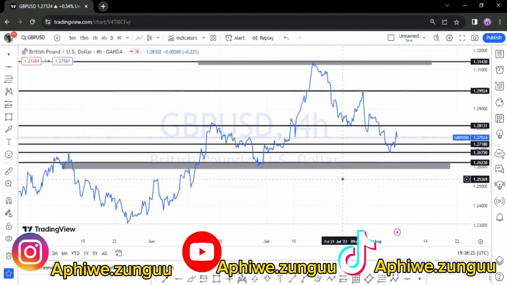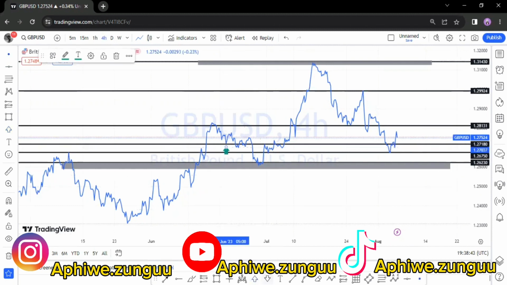Also bear in mind, guys, when we are marking out levels like this, we don't necessarily just mark out our lows and our highs, but we also mark out our sensitive areas. We look at our previous touches. As you can see, the market touched over here, the market also touched over here, and the market also touched over here, right?